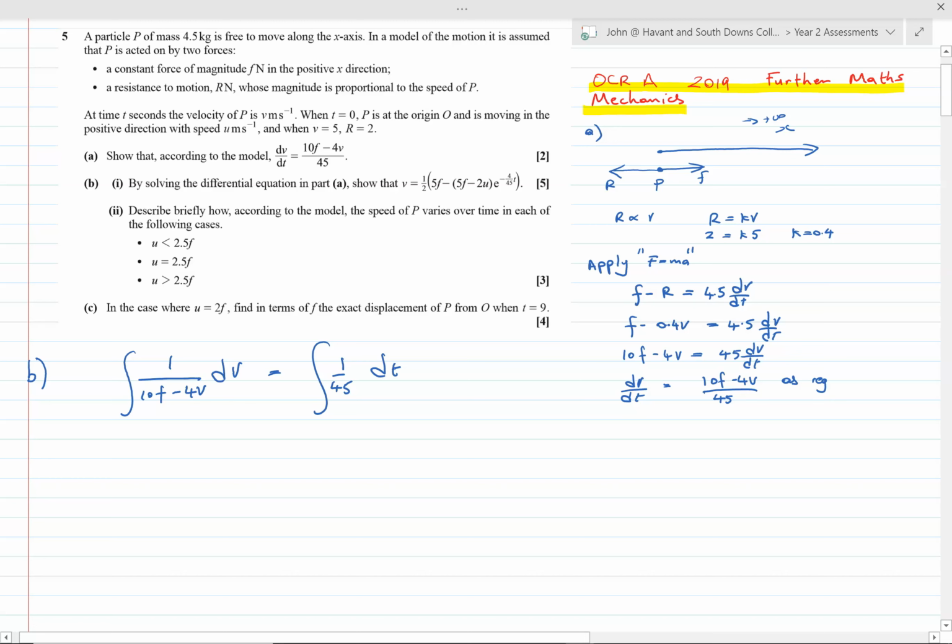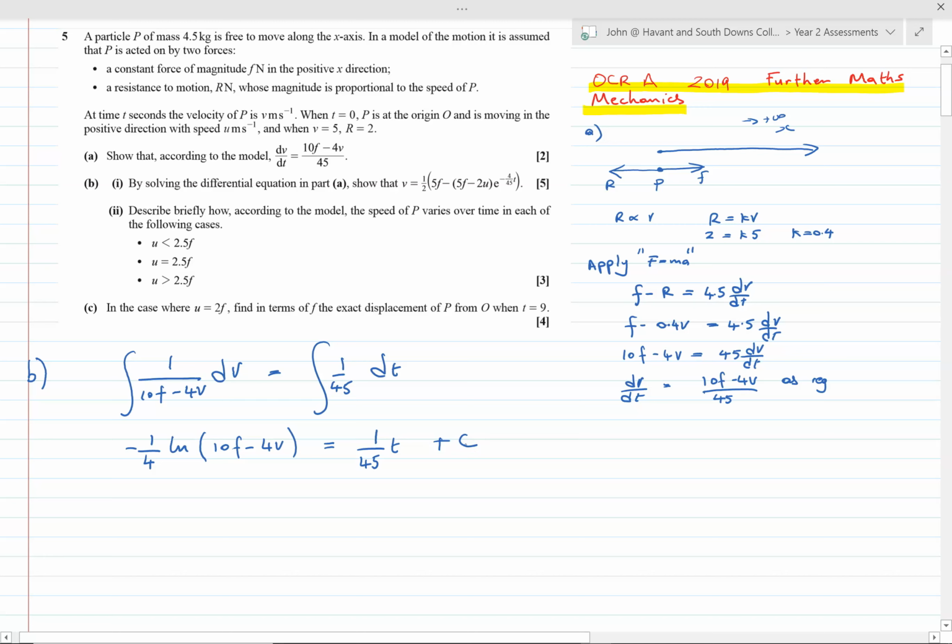Okay, so we can integrate both of those bits. Don't forget the constant. Because of the minus 4 here, and we're integrating with respect to V, we're going to have a minus a quarter. We divide by ln(10F minus 4V), which is equal to 1 over 45 t plus c.